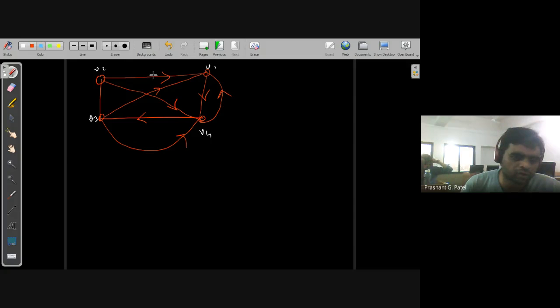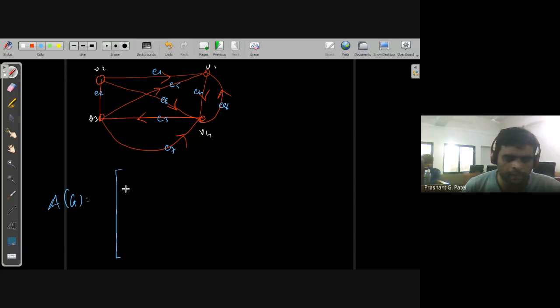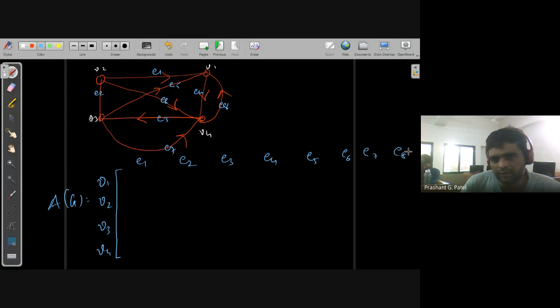And we have to denote the edges also. Let's say this is E1, E2, E3, E4, E5, E6, E7, and E8. Now what is A(G)? There are four vertices and eight edges.